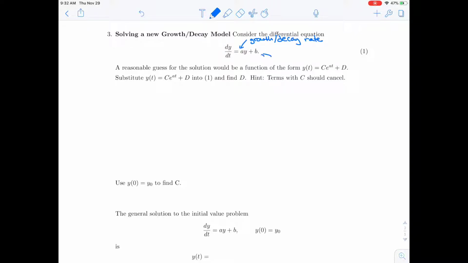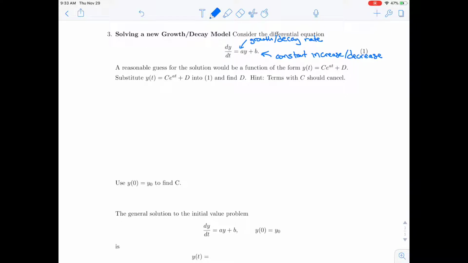And the constant b is going to be a constant increase or decrease in the quantity that we want to represent.